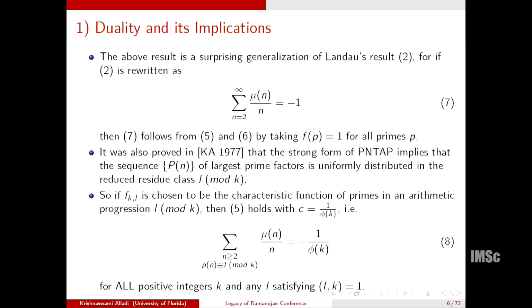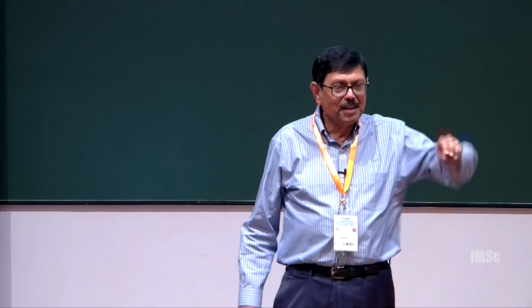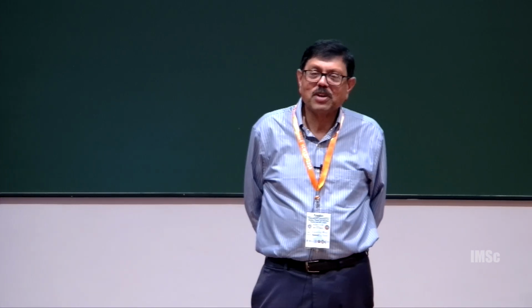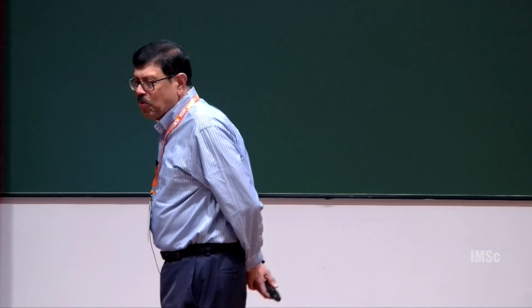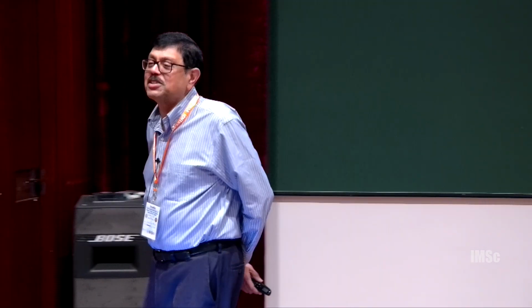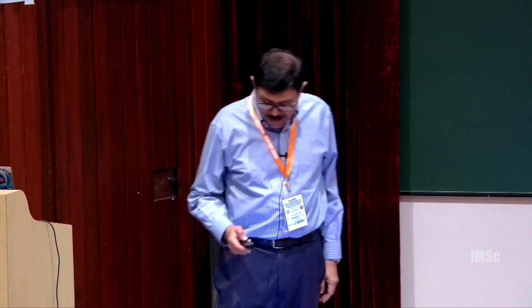Okay. Now, this is actually a surprising generalization of Landau's result. So take Landau's series, summation mu of n over n from 1 to infinity equal to 0. Remove the first term. So write it as summation mu of n over n from 2 to infinity is minus 1. Now go back to this equivalence.